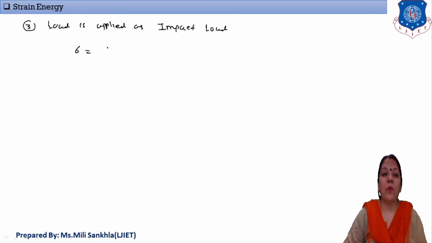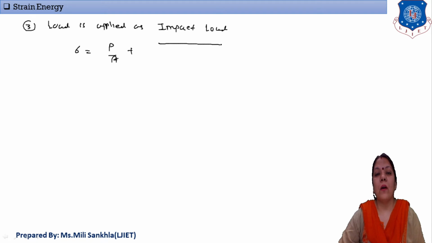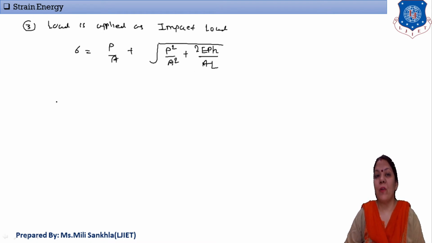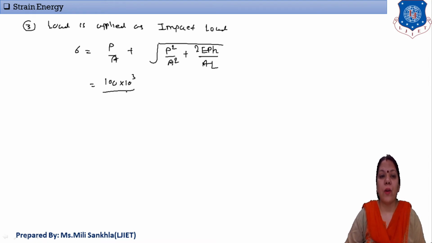Sigma is equal to P by A plus under root of P square divided by A square plus 2E PH by AL. Now one by one we put the values in this equation. P is equal to 100 into 10 raised to 3 divided by area is equal to 3.